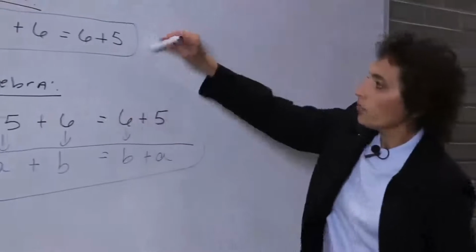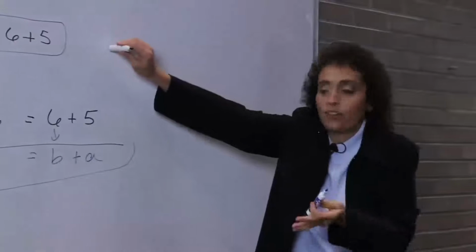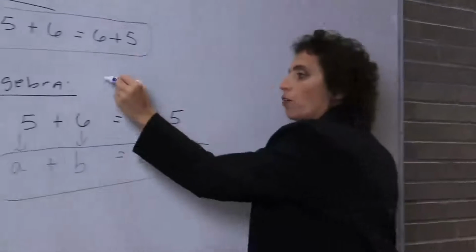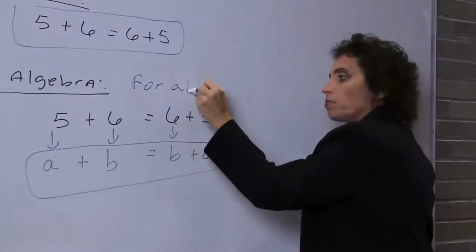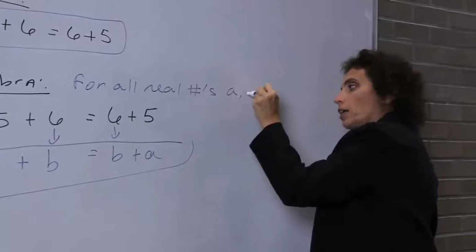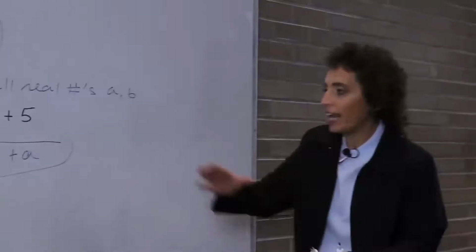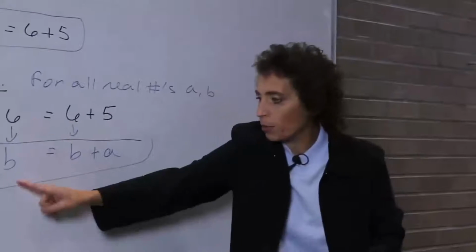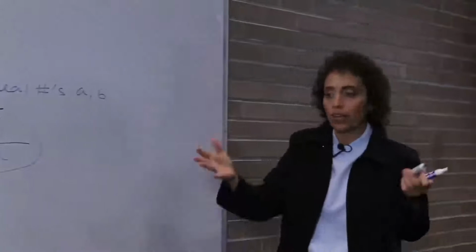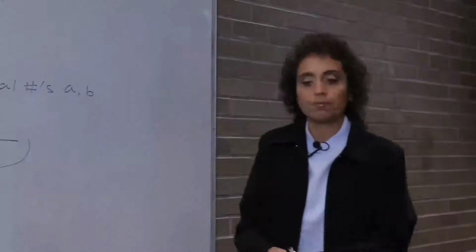And this says that it works only for this case, but this says it works for any real number, because we would write for all real numbers A and B. So that means any number I stick in for A, any number I stick in for B, I could switch the order and I would still get the same answer. That's the commutative property of addition.